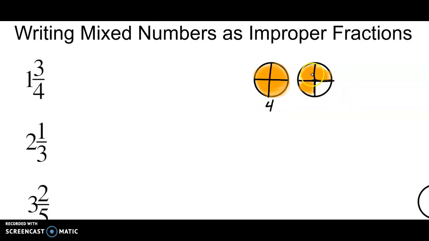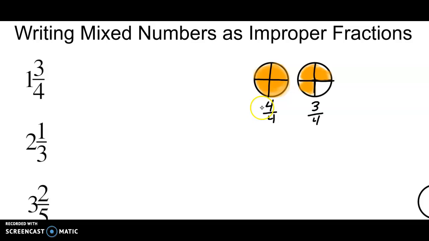Then how many do you have over here? I have 1, 2, 3. Well, Miss Cassie, it's all 4. No, he's not there. There's no orange there. You cannot count him. So I've got 1, 2, 3, 4 fourths, because those are cut into fourths. And then here I have 3 fourths.